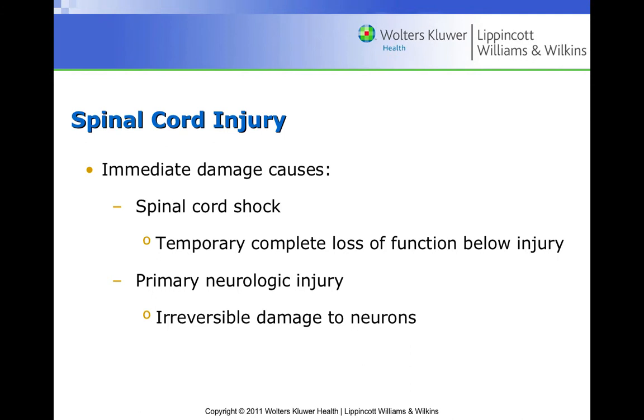Spinal cord injury can be caused by a variety of things. Immediate damage to the actual spinal cord results in spinal cord shock and temporary or complete loss of function below the level of injury.